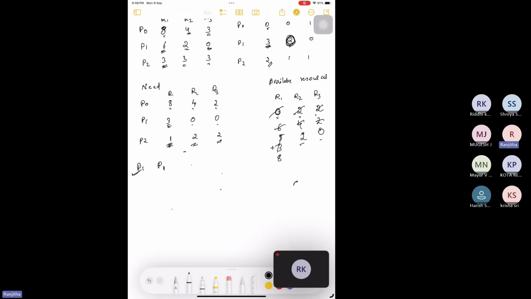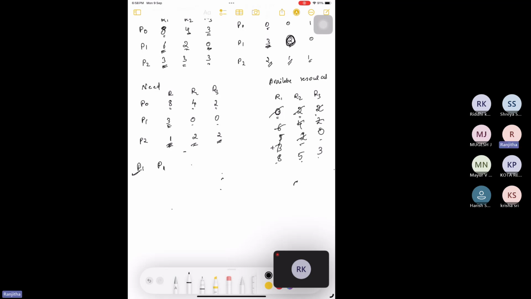P2 already had 1 R2, then we gave 2, so total P2 had 3 R2. Already we had 2, and we add another 3, which is 5. Now R3, P2 had 2 and also 1, so 3. So now we are left with 8, 5 and 3.